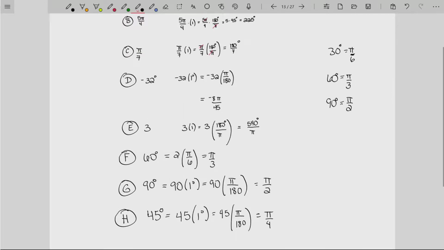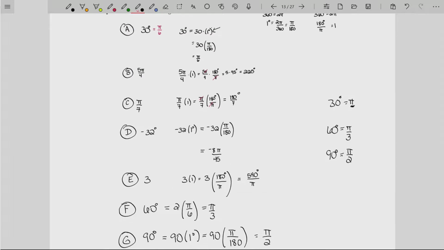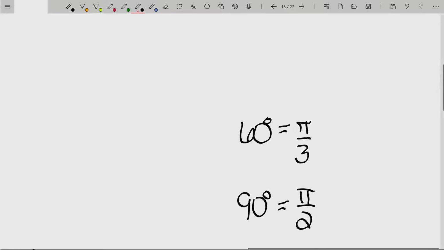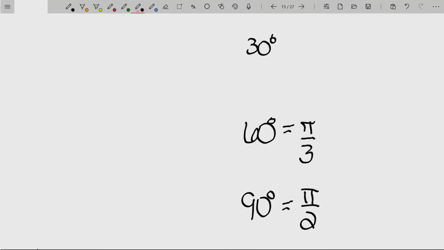So 45 degrees, which I didn't leave room for, so I'll just write it up above. I'll zoom in so my handwriting's not total terribleness. We had 30 degrees was pi over 6, and 45 degrees is pi over 4.